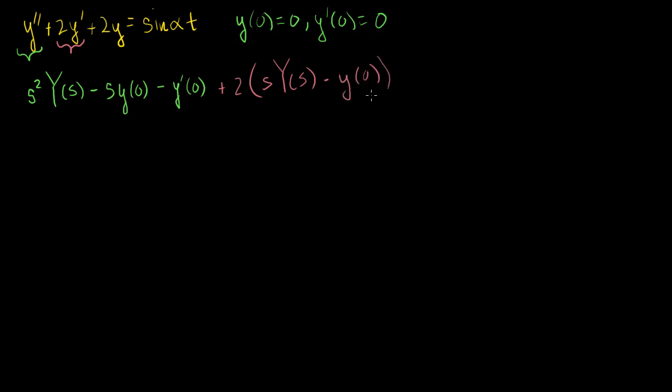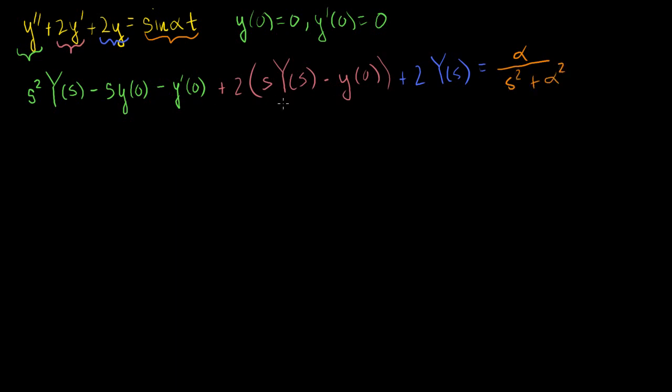The Laplace transform of 2y is plus 2 times the Laplace transform of y. And that's going to be equal to the Laplace transform of sine of alpha t, which we've done multiple times so far. That's just alpha over s squared plus alpha squared.